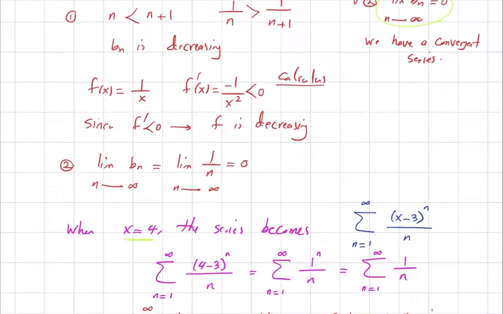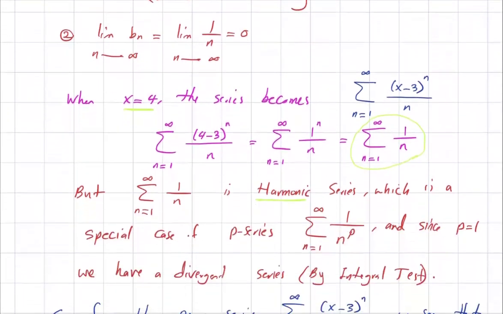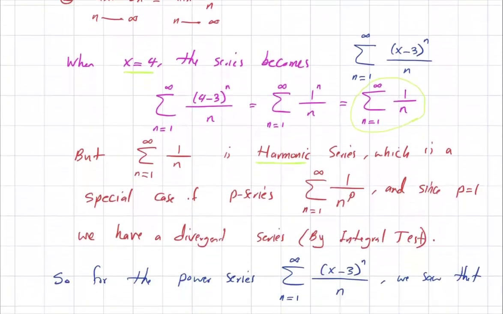When x is equal to 4, this power series converts into a regular series, which we called a harmonic series. This is a special case of p-series. When p is equal to 1, using the integral test, it is a divergent series.